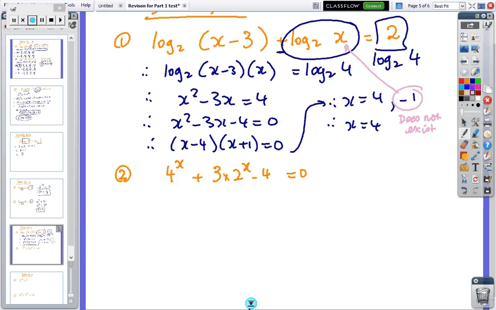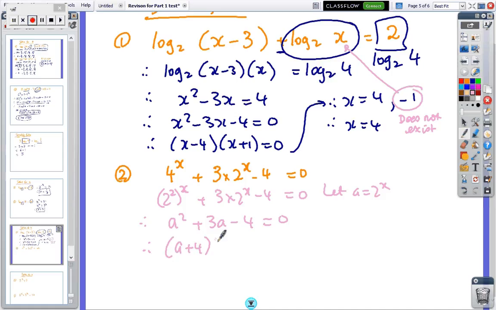Okay, next one. Okay, so again, we've had these ones before. So let a equal 2 to the x. So then you've got a squared plus 3a minus 4 equals 0. Bracket a plus 4, a minus 1 equals 0.